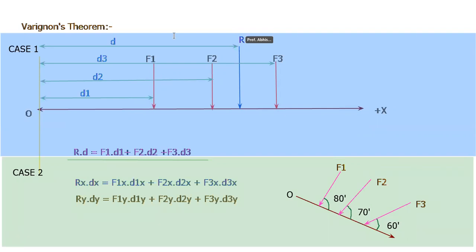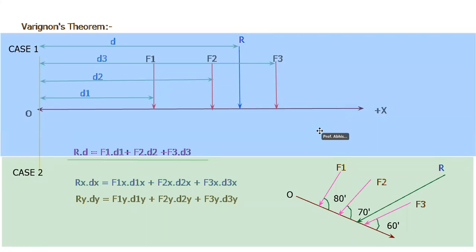So therefore we have to also draw here the resultant. So let us assume that this resultant is lying here. This is your capital R, which is the resultant. Now this resultant is also making certain angle.